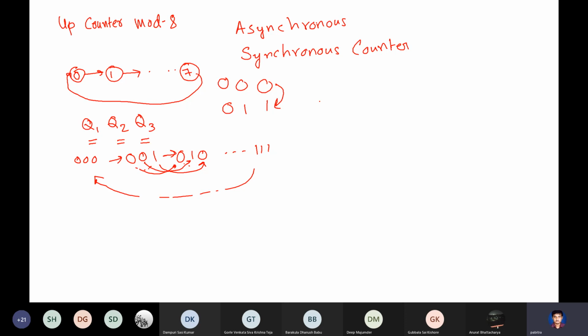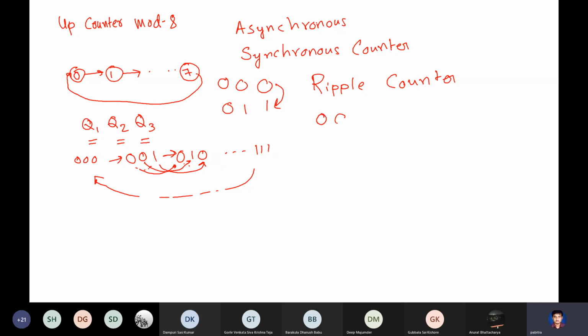Okay, so let's start with the asynchronous counter. We will first study a simple asynchronous counter called a ripple counter. What the ripple counter will do is something like this.